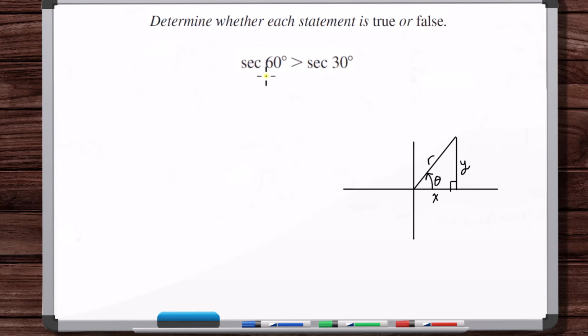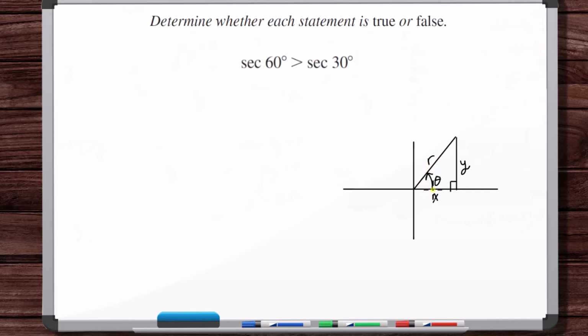Okay, is secant 60 greater than secant 30? So what is secant? That's the reciprocal of cosine, so that's going to be r over x. As theta is getting bigger, x is getting smaller, and r is just a finite value.